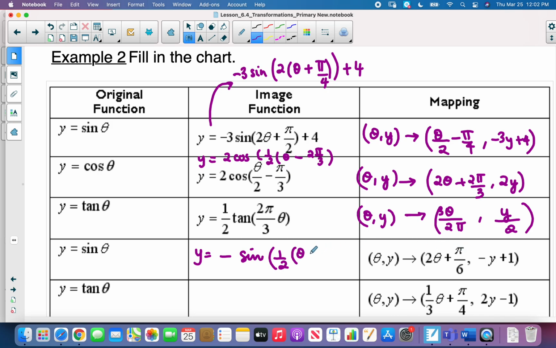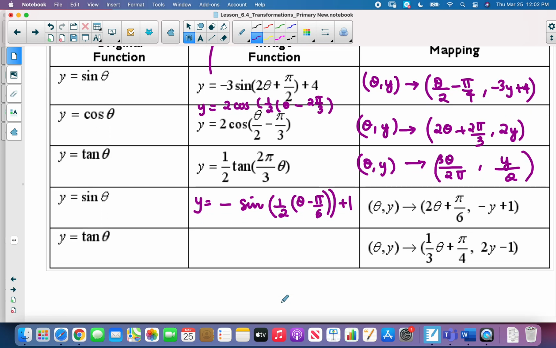Since it's plus, that means it's minus pi over 6, because I have a half. And then there is a plus 1.